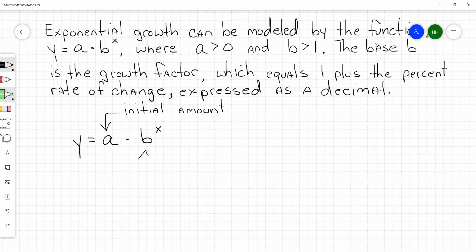Your b, as we just said, is the base, greater than 1, and it is the growth factor.